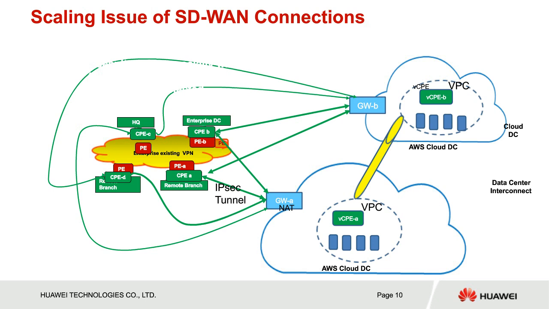You can see that it doesn't scale very well. This is only 4 branch offices connecting to workloads in 2 cloud data centers. Once your workload increases, very soon you won't be able to scale. Not only is it expensive, the management can also be a nightmare.